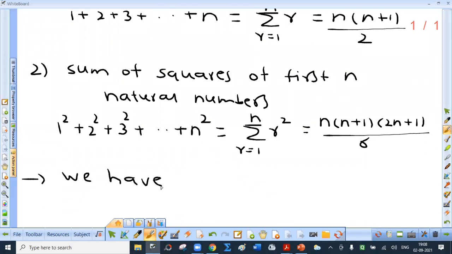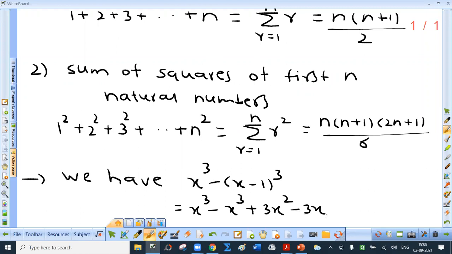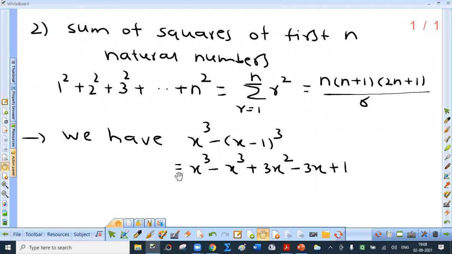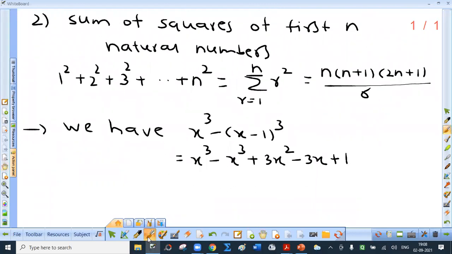We have x cube minus (x minus 1) cube equal to, I will directly write, so minus x cube plus 3x square minus 3x plus 1. If you want, you can have one more step.